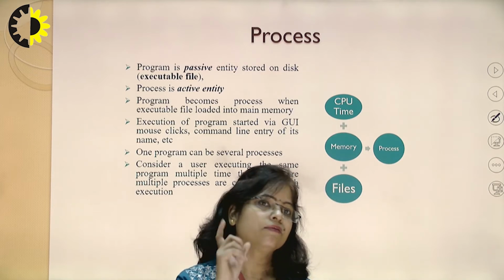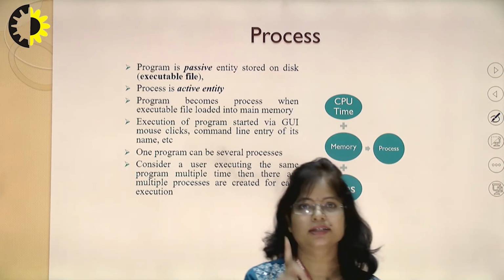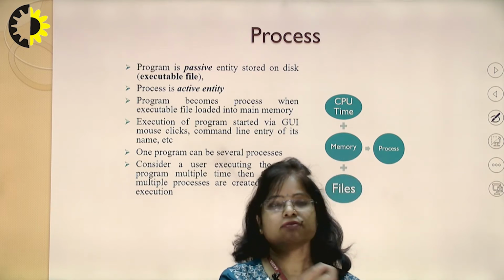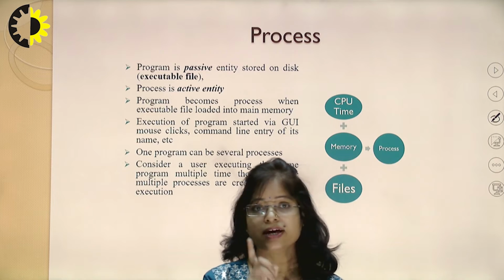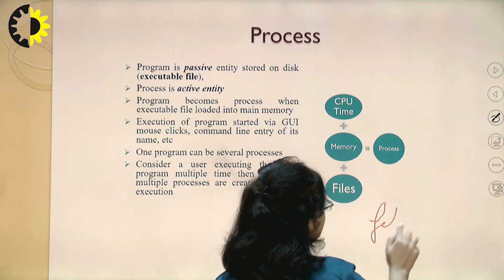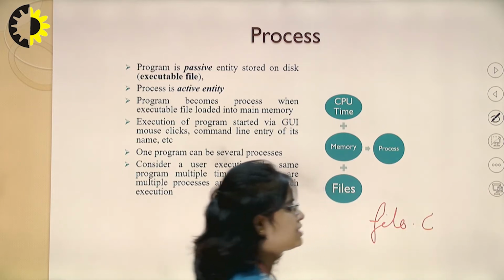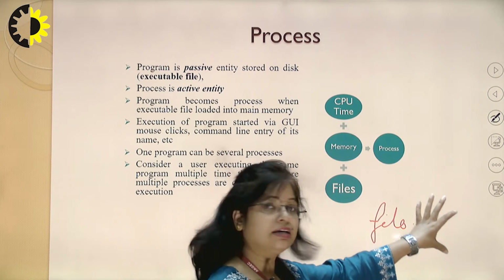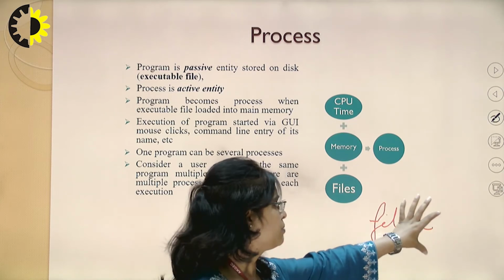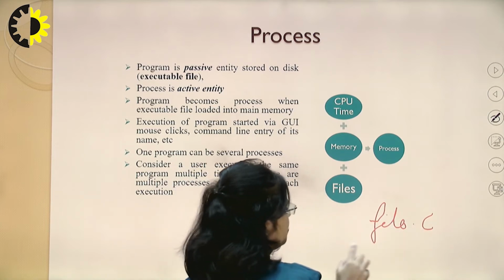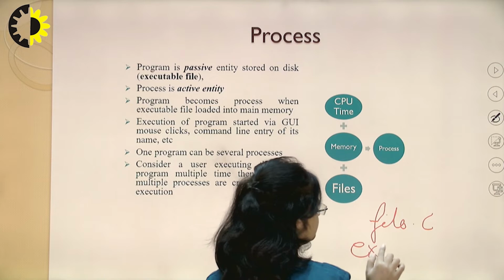Suppose we have a text file saved with a .c extension, which means it is a C file. We are using C language coding here, and that C file is compiled and executed.